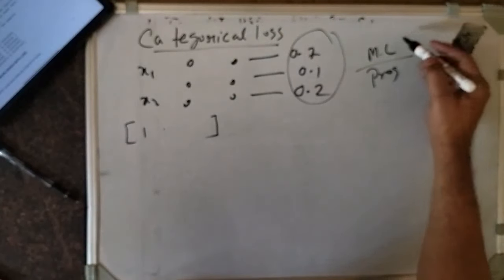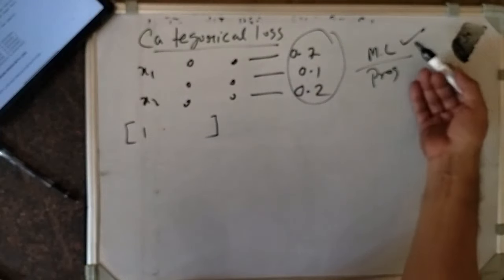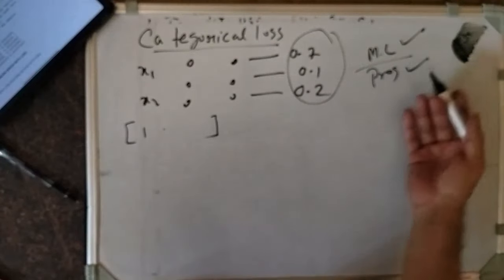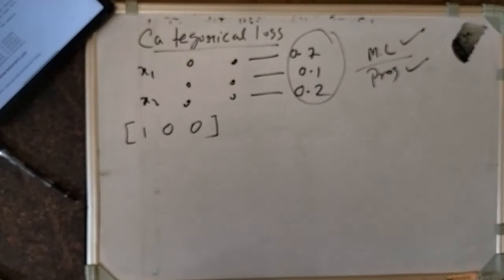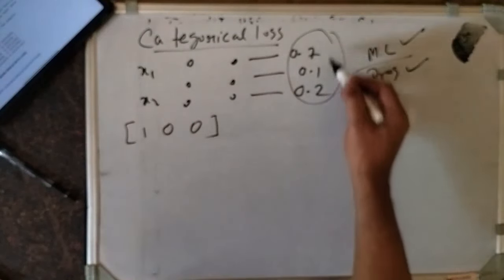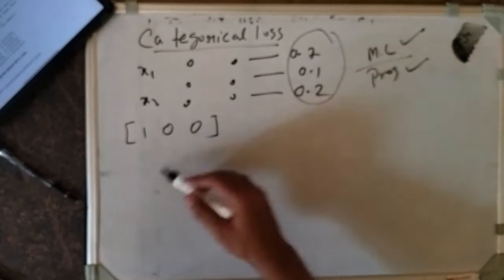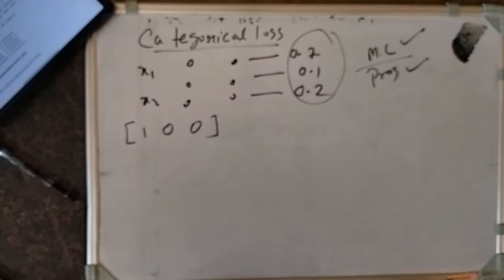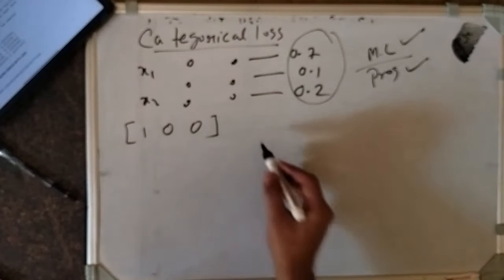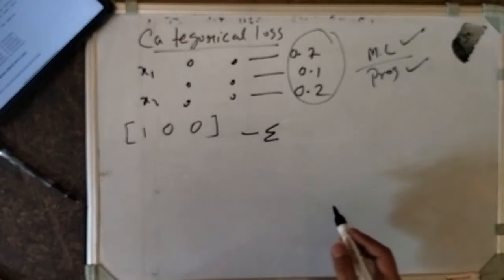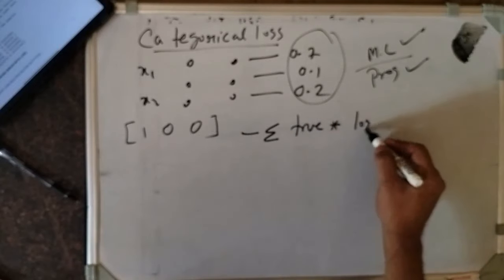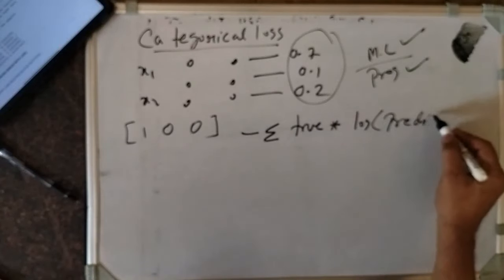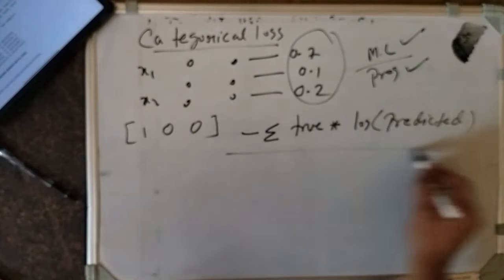First, in machine learning we know the output, in programming we don't know the output whenever we are writing any code. So the output I already know here, 100. Now I am checking how correct the output I got is. How to check? I am using one method: minus sigma of true value into log of predicted value.